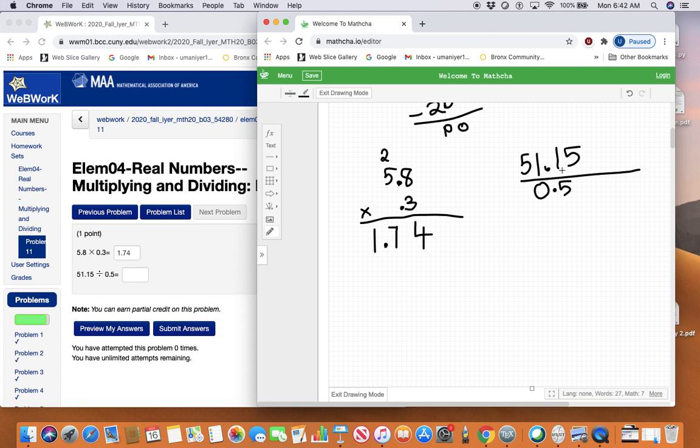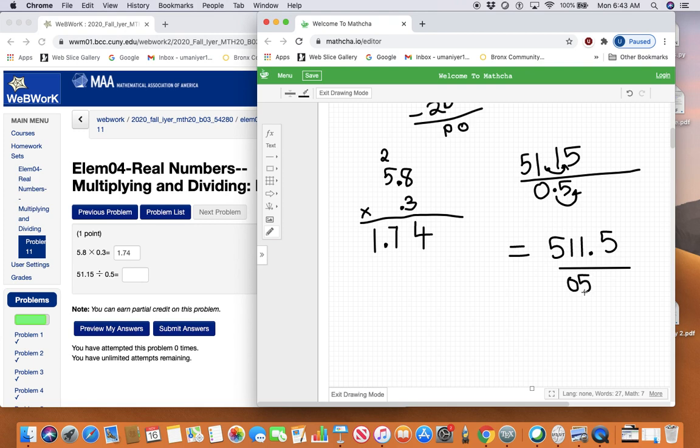But whatever I do to the numerator, I must do to the denominator, and vice versa. So why don't I move this to the right one place? I move it to the right one place, I move this to the right one place. So what does that give me? That gives me 511.5 divided by 0.5.